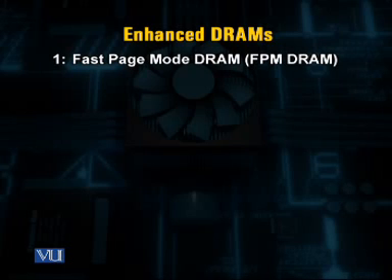In the normal dynamic RAM, we can only read and write m bits at a time, because only one row and one column is selected at a time by applying the row address and the column address.